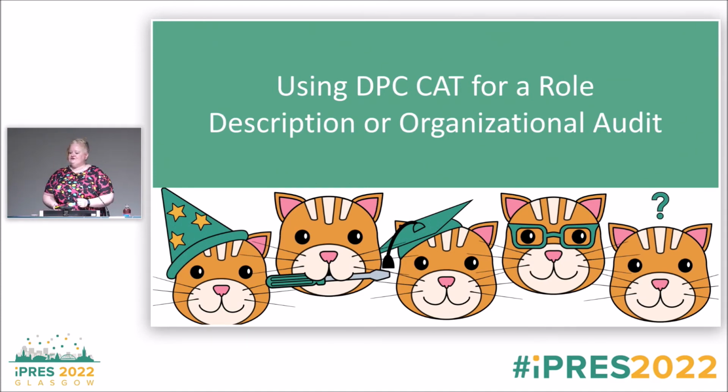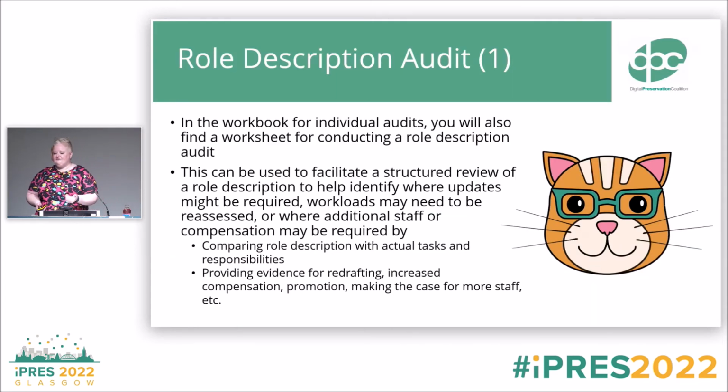So the role description audit is available in the same workbook as the individual skill audit. This is really about having a look at what your current role description is and seeing if it is still fit for purpose in terms of what you're doing.